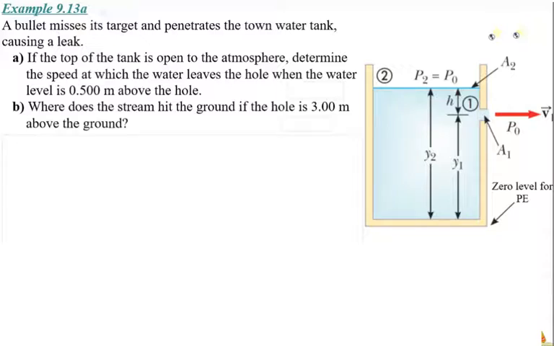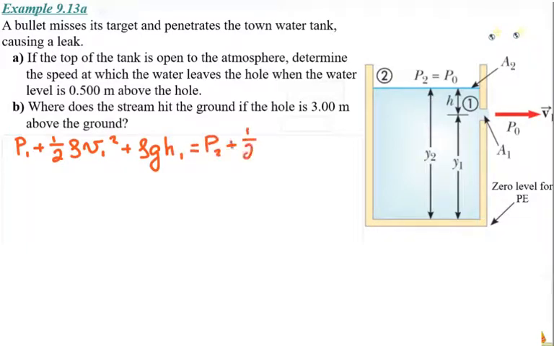So the initial pressure and the pressure outside is P sub 0. For Bernoulli's equation, maybe I'm going to write the equation first. I have P1 plus 1/2 rho v1 squared plus rho g h1 is equal to P2 plus 1/2 rho v2 squared plus rho g h2.